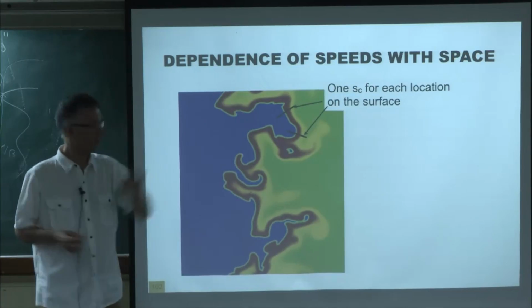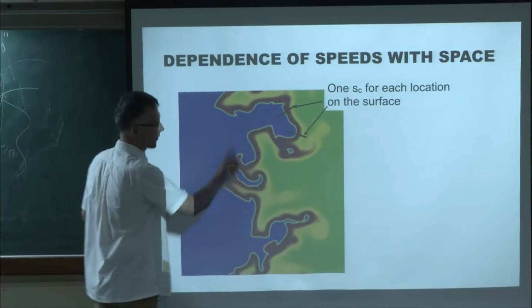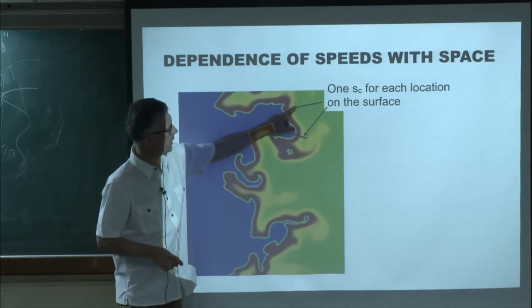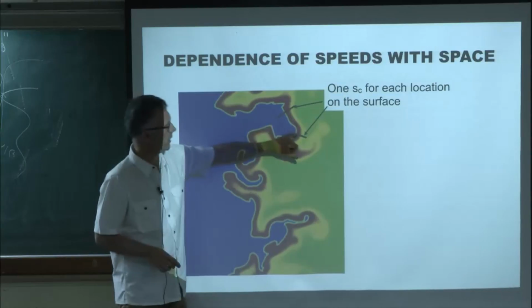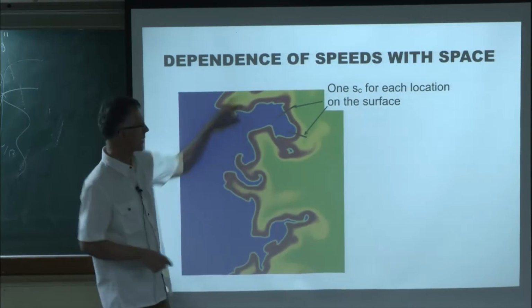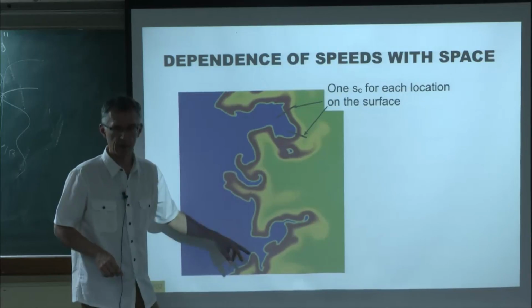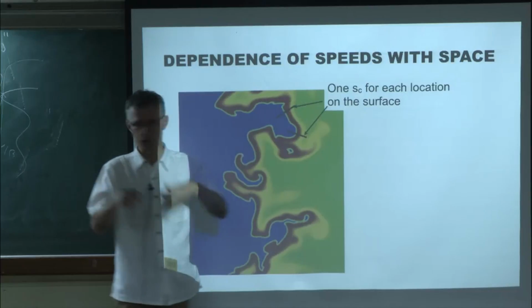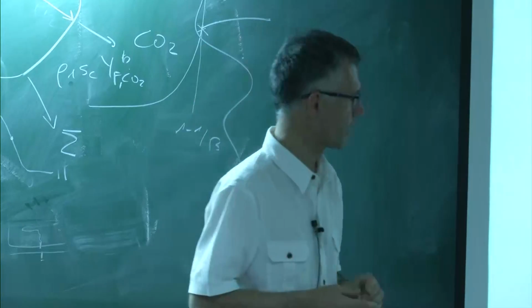That's not simple because, for example, here you might have problems not to confuse the two flame fronts, but let's keep it simple. We cut here, we integrate the reaction rate from that side to that side. We get one consumption speed. We go to the next point, we get another one. And then we can have statistics of consumption speed all over this line. And we can do correlations of the consumption speed as a function of curvature, stretch, whatever. I'll go back to stretch in a minute.